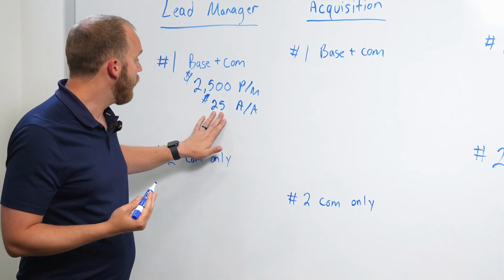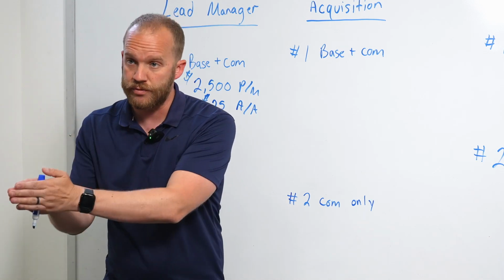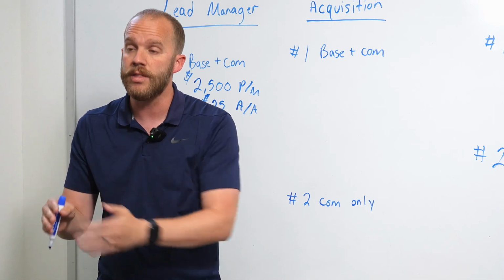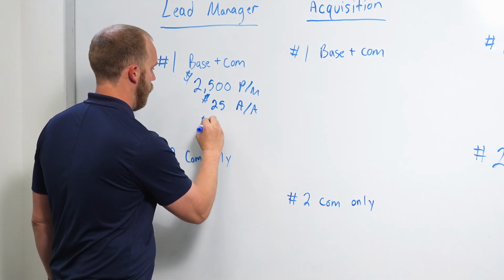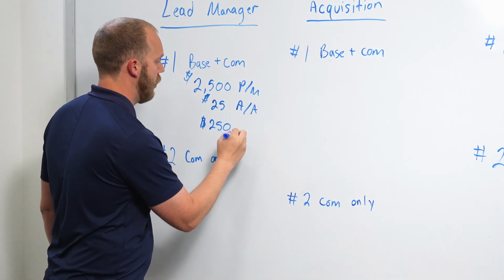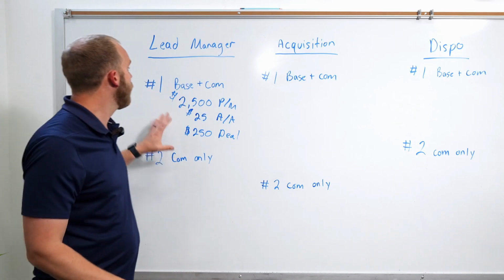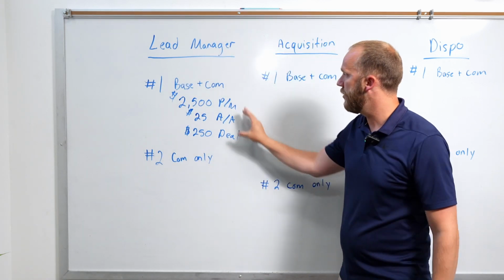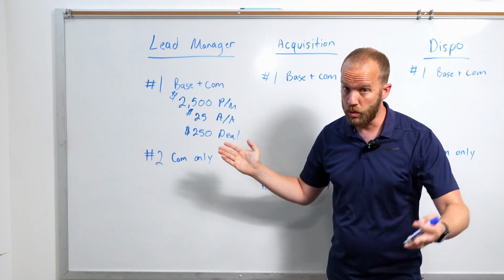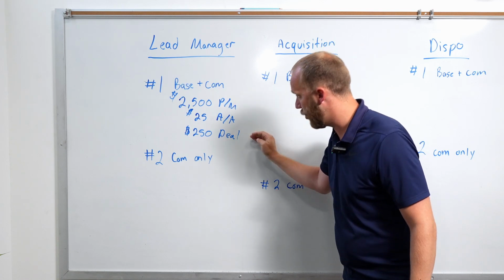So $25 for every appointment attended, and every deal that comes from the appointments attended that they close, they get a $250 bonus for every deal. Okay, so this is the base plus commission model. You can take any of these variables, change them how you want. Remember, this doesn't have to be the gold standard. This is just an example.